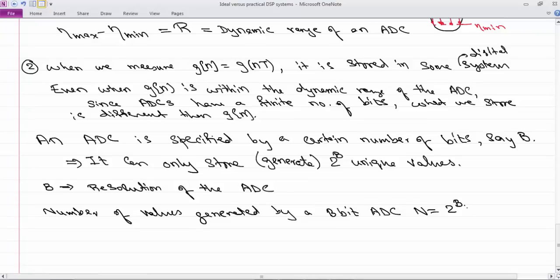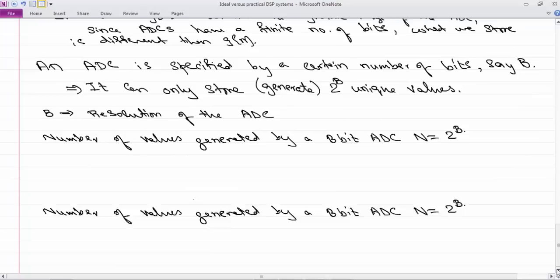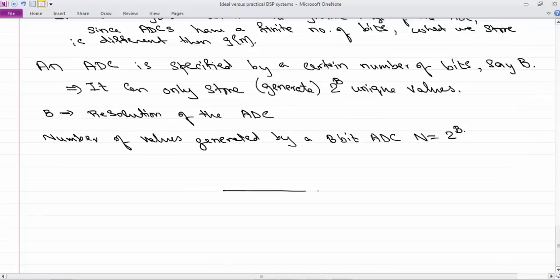Now here is then the challenge. Again, go back to our picture that we drew earlier. This is your input signal. Now again, we'll just focus on the aspect of finite number of bits. Forget about dynamic range and any other errors. So this is the signal range. Let's focus on this, right?